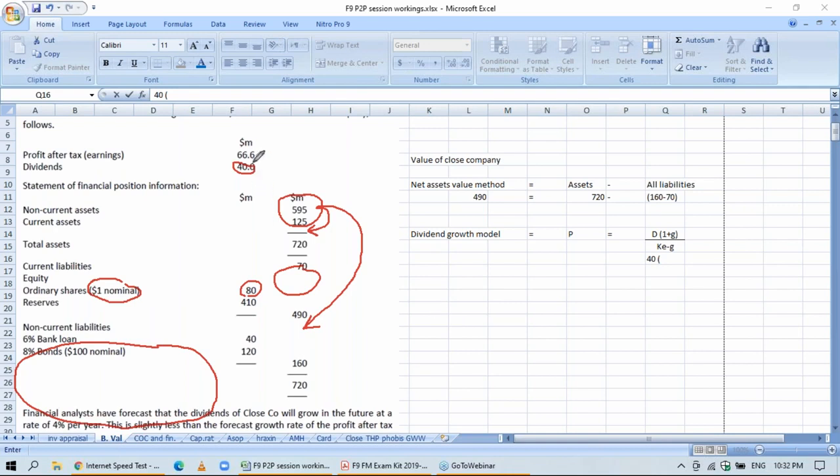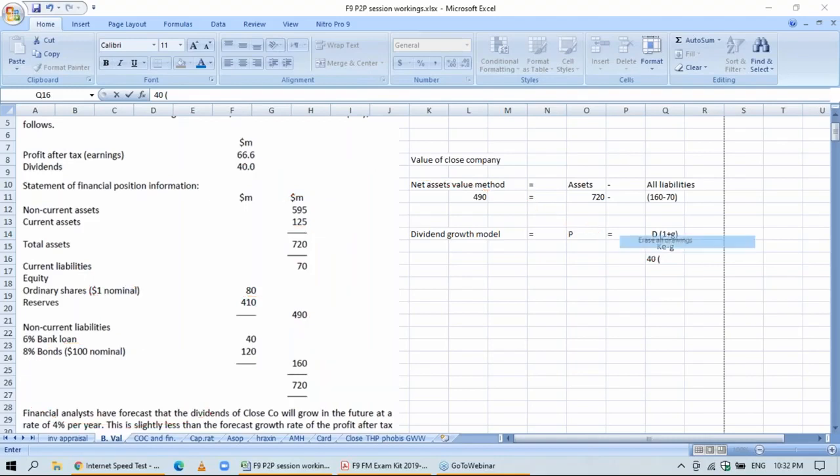I've taken this 40 million to calculate the market value of the whole company. You can take dividend per share as well, but then you have to multiply it again by the number of shares to calculate the full market value of the company.